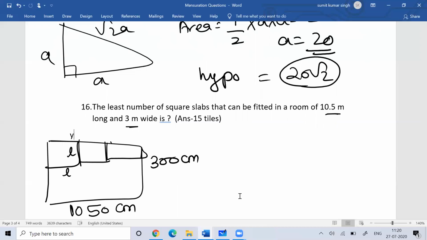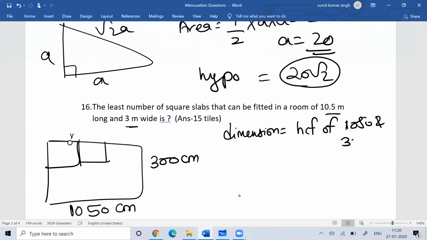So for that, you don't randomly take any dimension for the slab. The dimension of the slab you can take should be the HCF of 1050 and 300.